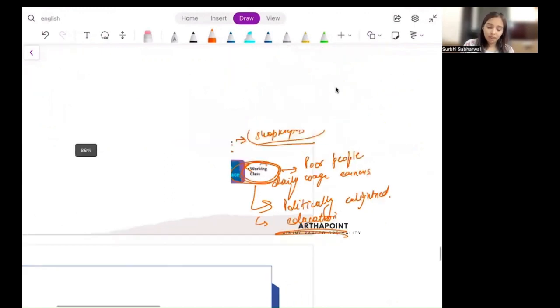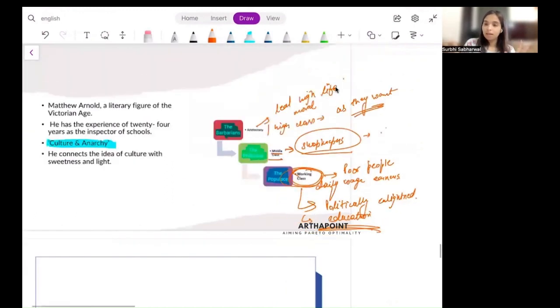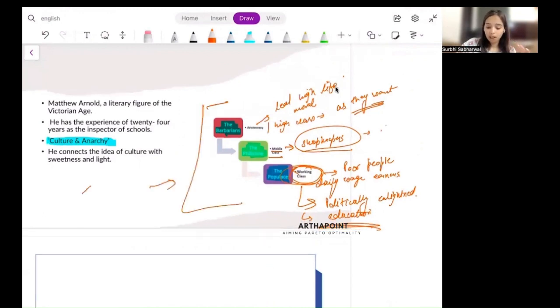So this is the basic version of the three classes that were described in Arnold's Culture and Anarchy.